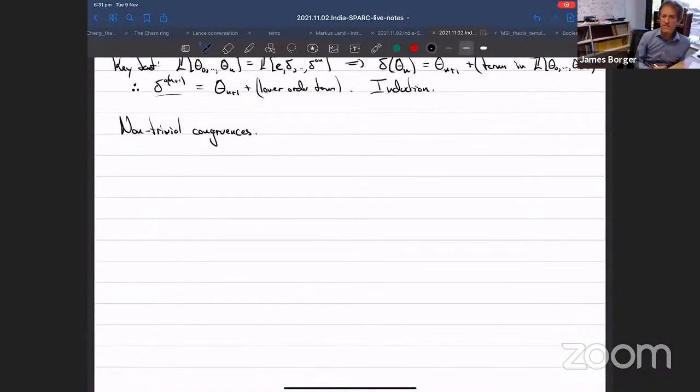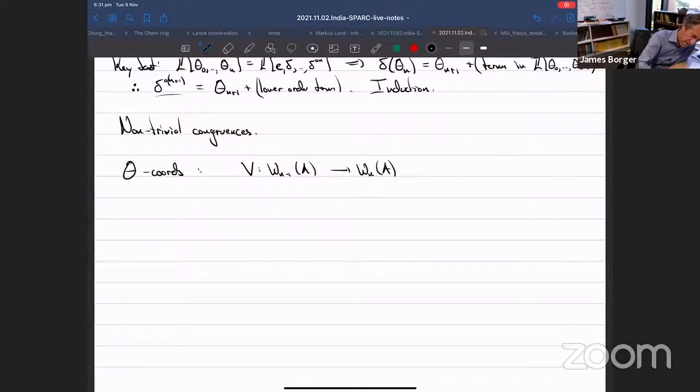is that there's something called the Verschiebung map. So in theta coordinates, there's a map called V from W_{n-1} of A to W_n of A called the Verschiebung, which just means shift in German, and it shifts in the other direction.